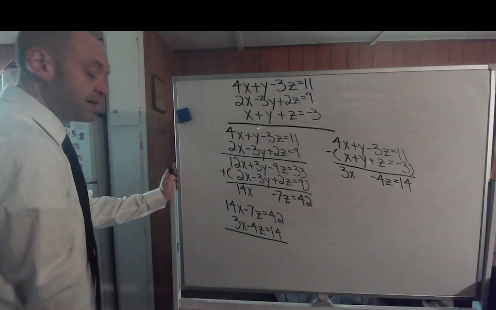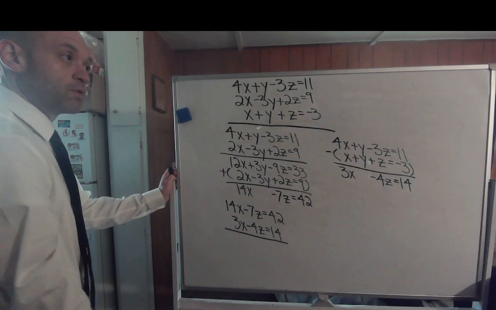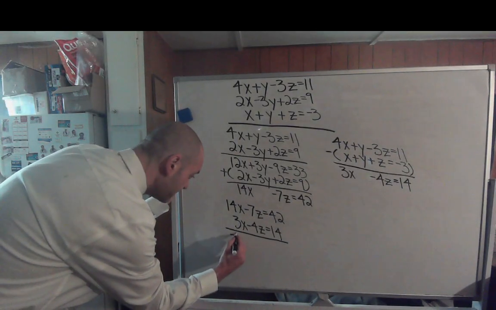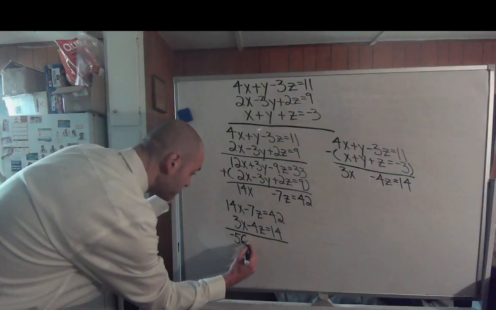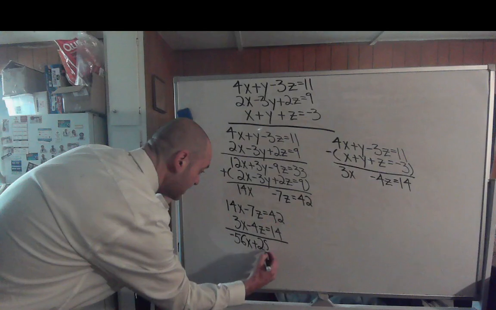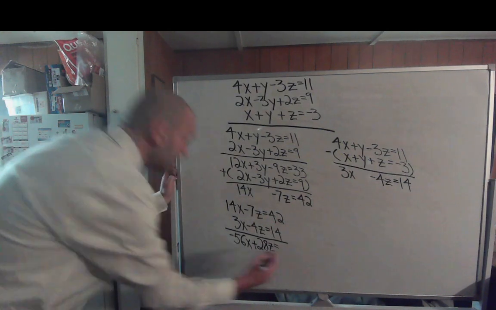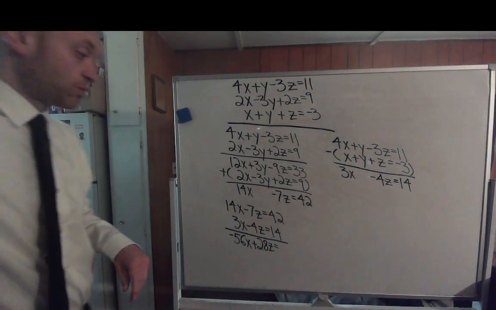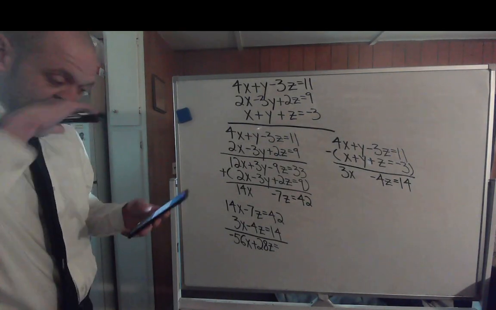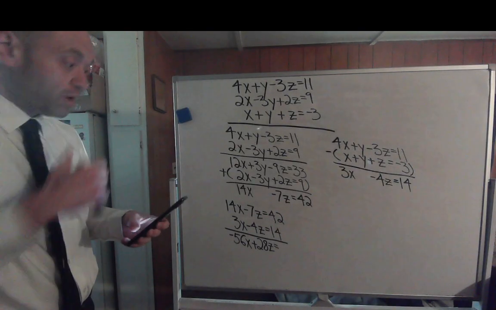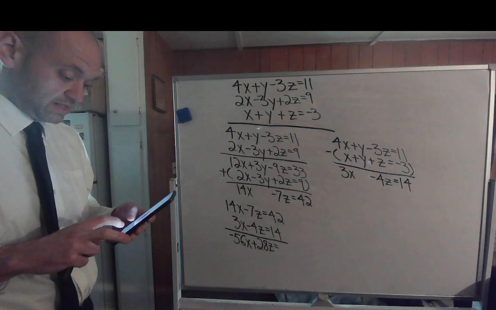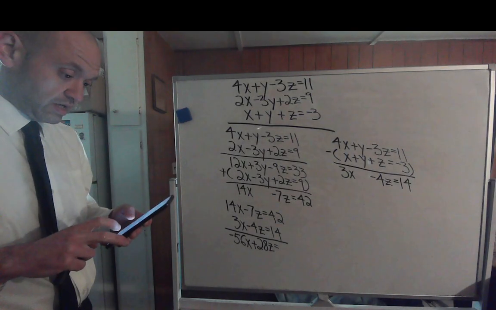Top equation by -4, so what's -14 times -4? That's going to be -56x plus 28z is equal to, now what the heck is 42 times negative 4? I have an idea, but I want to get it right. I want to say it's negative 168, but let me be sure on that. I'm right.